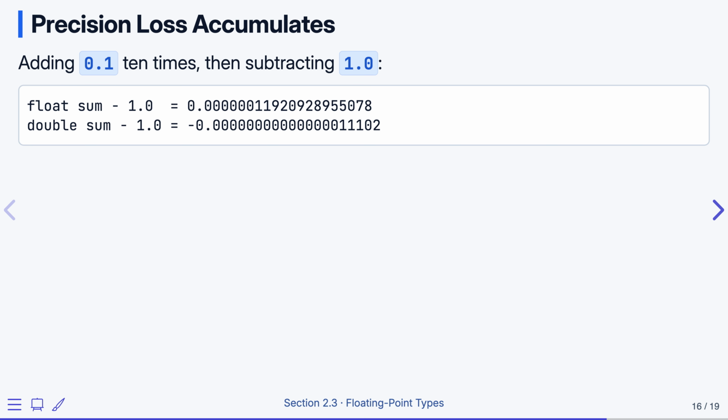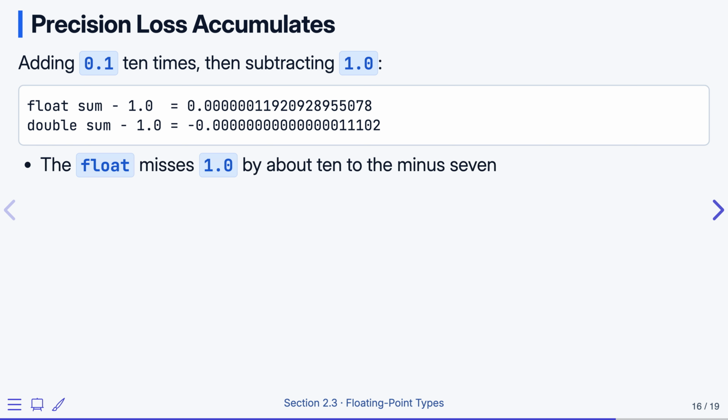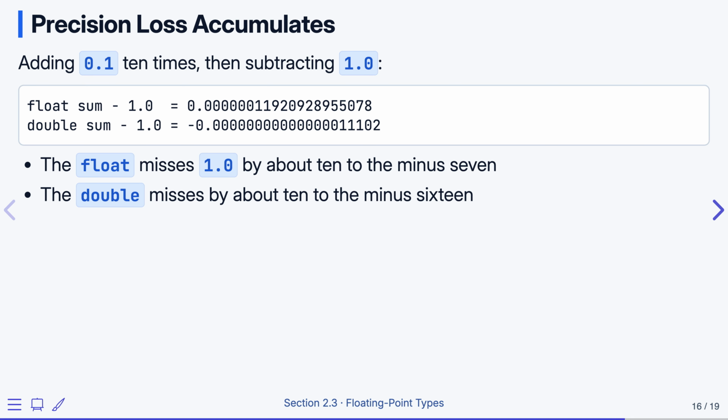Let us see how the error grows. This program adds 0.1 10 times, then subtracts 1.0. Look at the two results. The float version misses 1.0 by about 10 to the minus 7. The double version misses by about 10 to the minus 16.